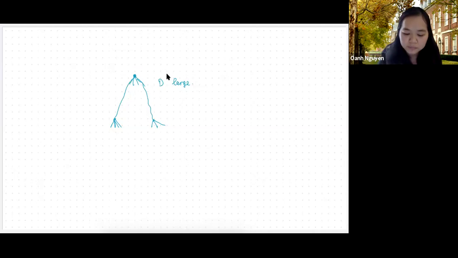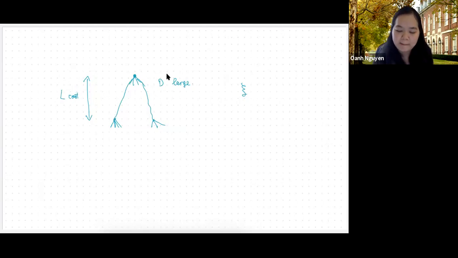Now, if your offspring distribution C is sub-exponential, then it's very likely that if you go to a constant depth L in the tree, you find many vertices of high degree. It's also likely, with exponential probability, that you send an infection directly from here to here.